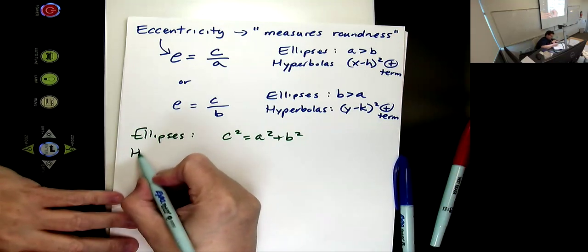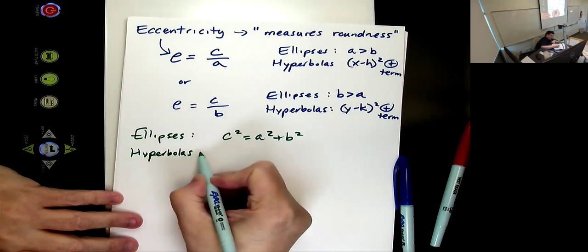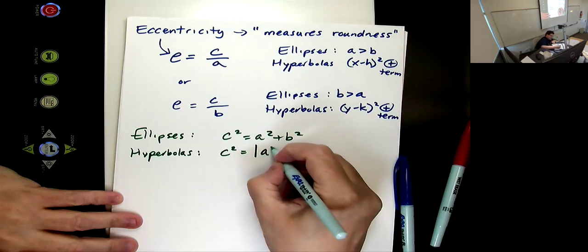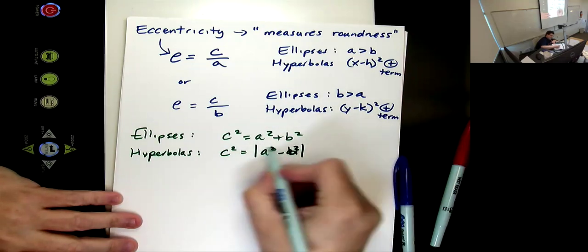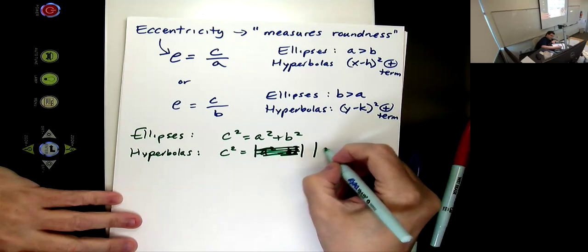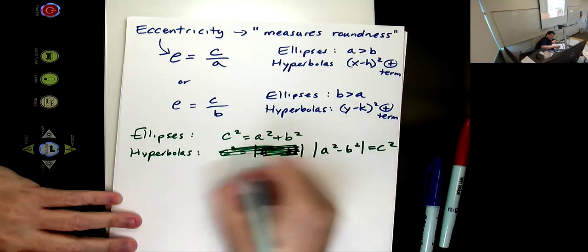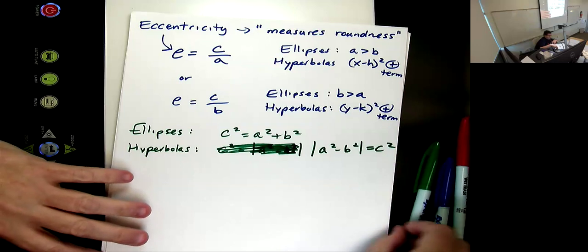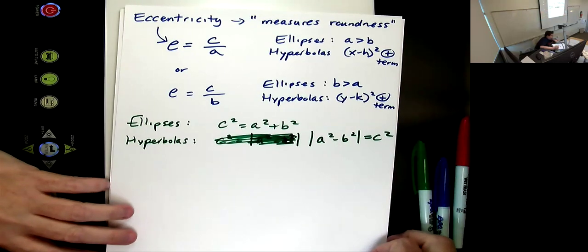For hyperbolas, C squared equals the absolute value of A squared minus B squared. That looks terrible. That way, it doesn't matter which one's the bigger one, if we take the absolute value, we keep it positive.